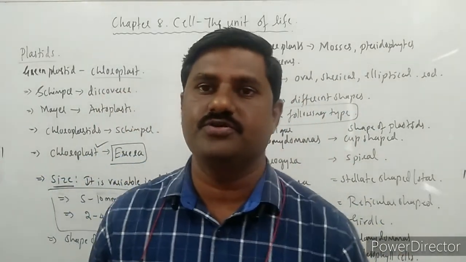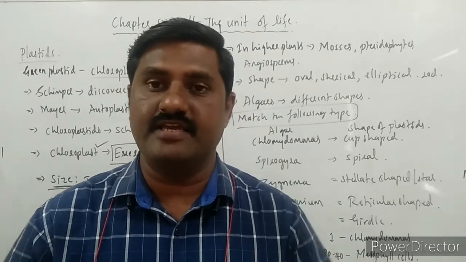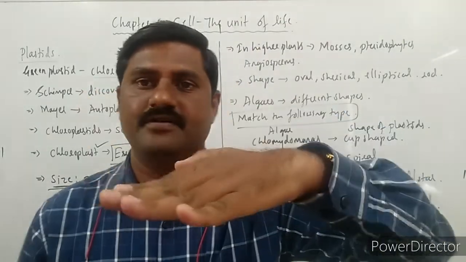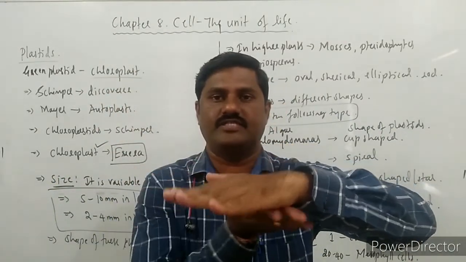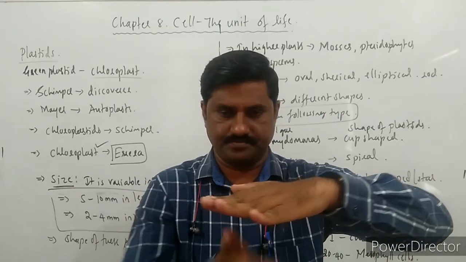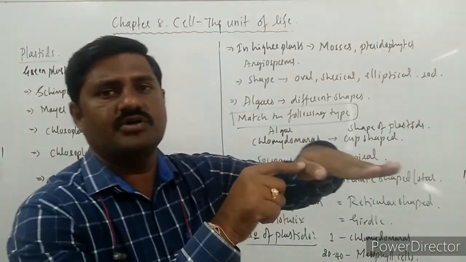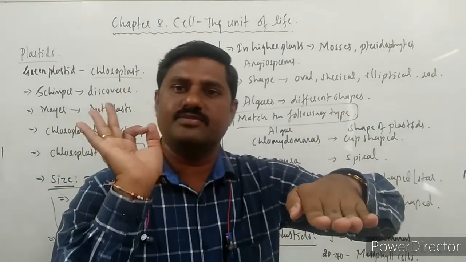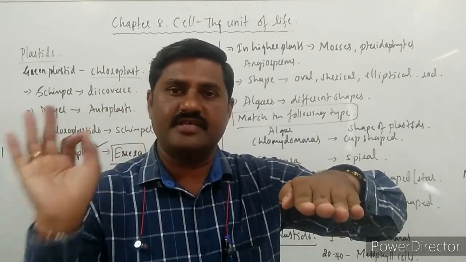I already showed you. Whenever you consider our palm as the leaf, see here, this is the leaf. The upper surface is the upper epidermis, the lower surface is the lower epidermis. In between these two epidermis there is a tissue, and that tissue is called mesophyll. Meso stands for middle, phylla means leaf.